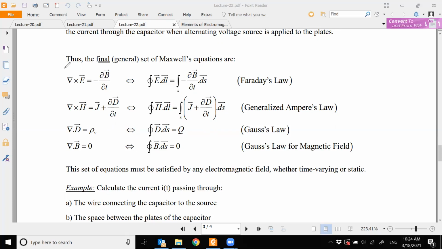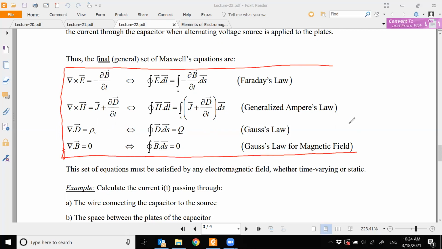So these are called the 4 Maxwell's equations. And any time varying or time independent field, if it satisfies these 4 equations, then they are electric and magnetic fields.